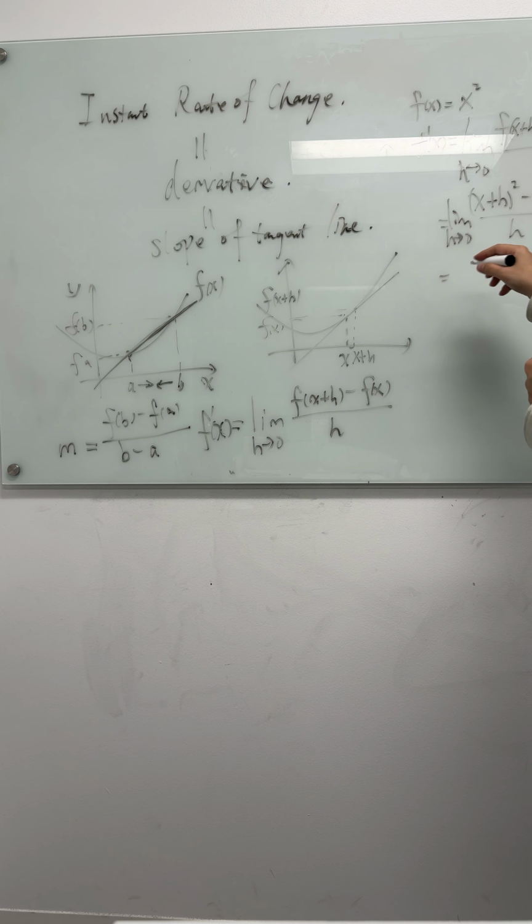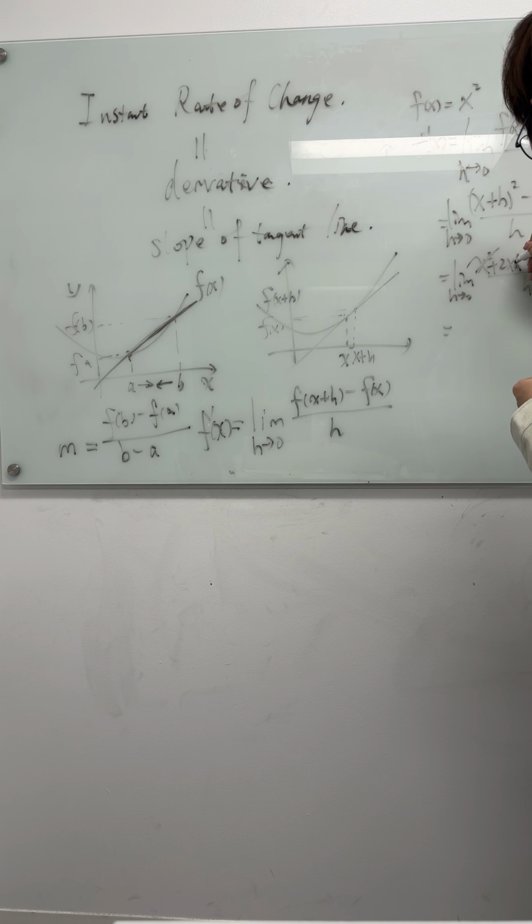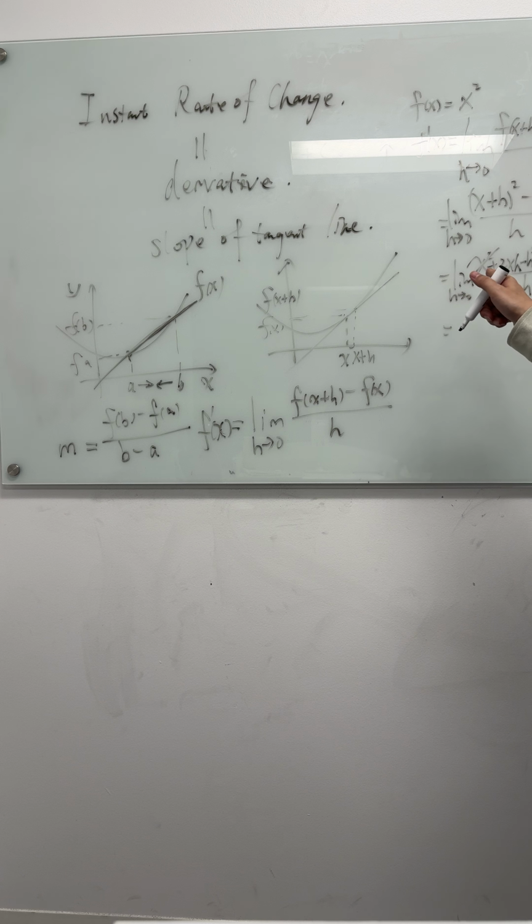Expand this: x squared plus 2xh plus h squared minus x squared, divided by h. The x squared cancels out. We have a common factor h, so we get h times (2x plus h) divided by h, and the h cancels out.